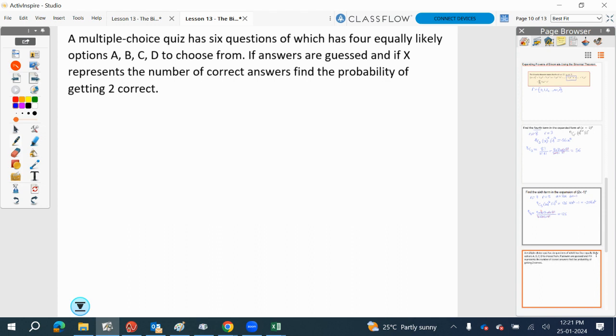What is the probability of getting 1 question right? 1/4. The probability of getting 1 question right out of 1, 1/4. What's the probability of getting the next question right? 1/4.